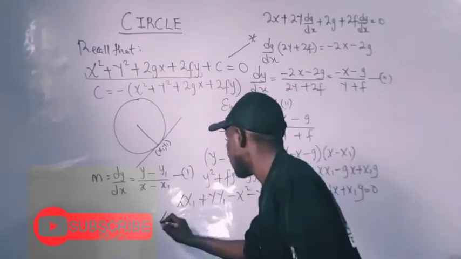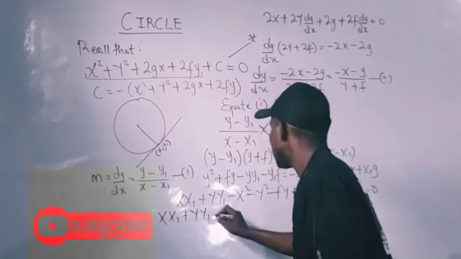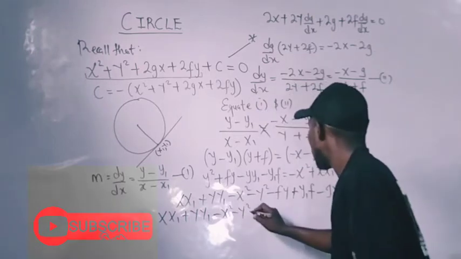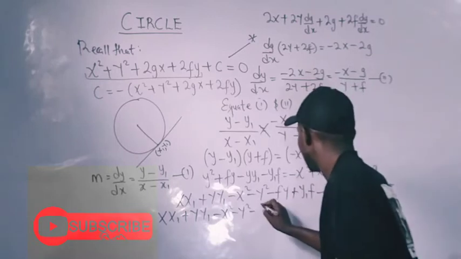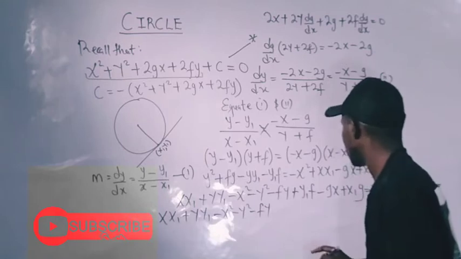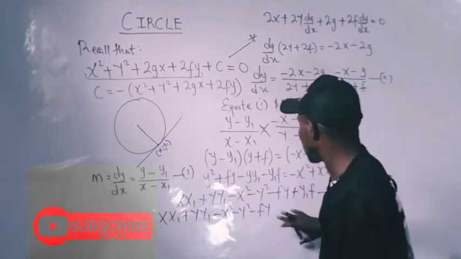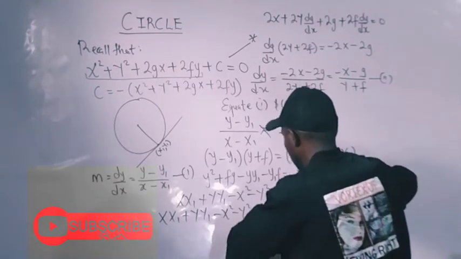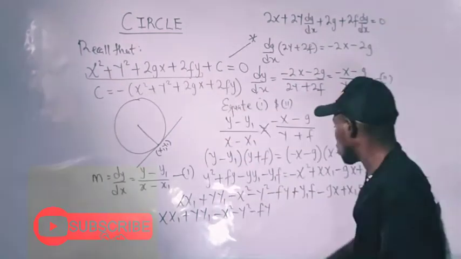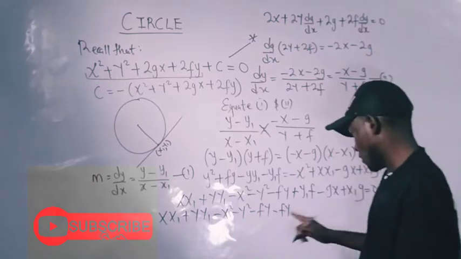So on that note, I have my x1 plus my y1 minus my x squared minus y squared, then followed by minus fy. What are we trying to do in essence is that we are trying to ensure that a part of this equation is fabricated to look like this. So I'm subtracting minus fy from here as well. I've done that here.